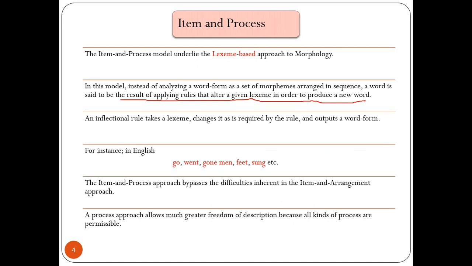How? According to IP, we have some morphological operations. Went is a form of go, and there is no affixation, no morpheme is attached, but rather some internal change has occurred, a vowel modification. In some cases it could also be a consonantal modification.